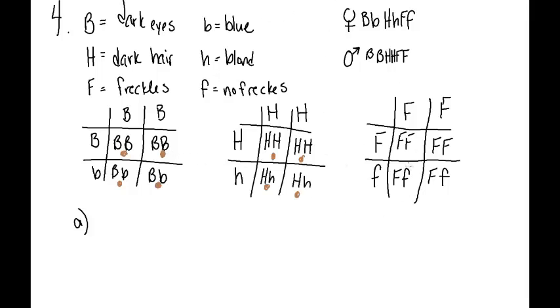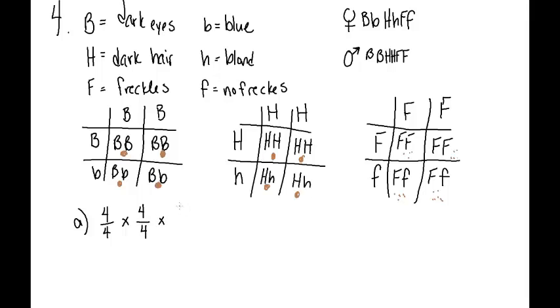And then we'll have freckles, and freckles, freckles, and freckles. Now, what is the probability that the child will have dark eyes? It is going to be 4 out of 4. The probability of having dark hair is 4 out of 4.